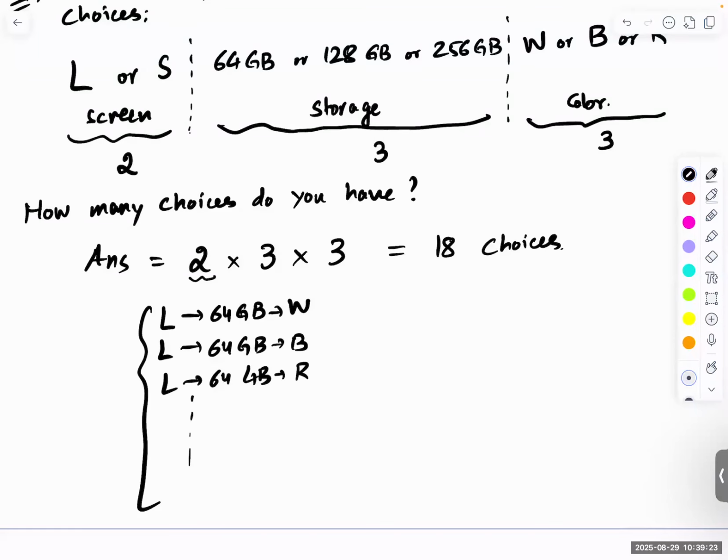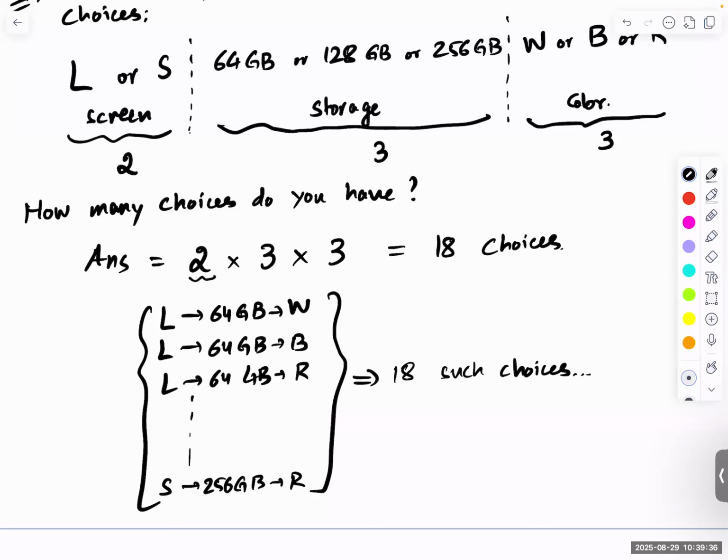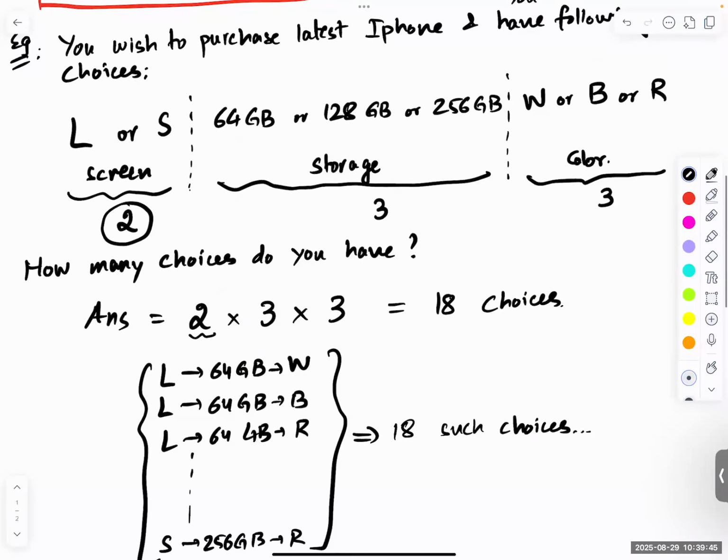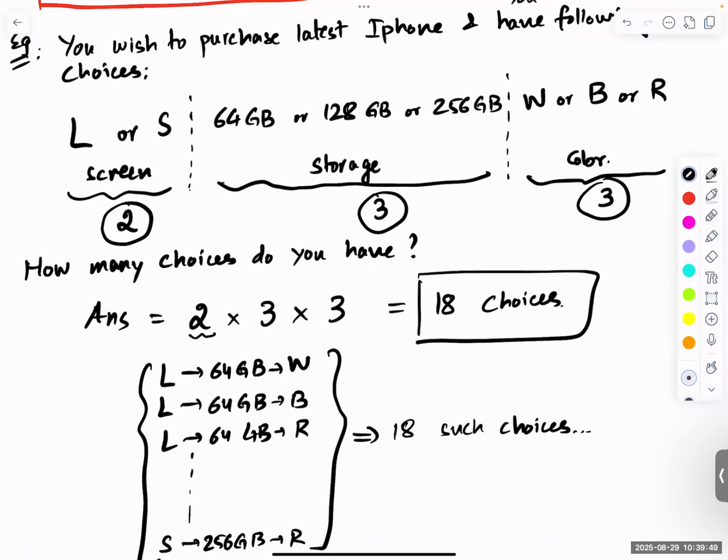If you enumerate all of these out, for instance, you will have small, 256 GB, and red, and so on. So there'll be 18 such options that you will have to pick from. Okay, and you don't need to write them out. All you do is multiply the number of choices for screen, storage, and color, and that will give you the total number of choices to pick from.